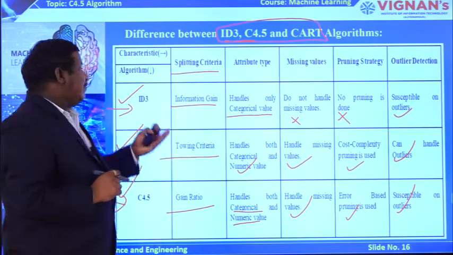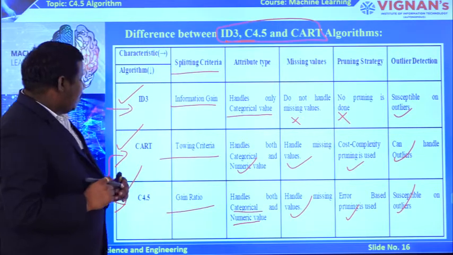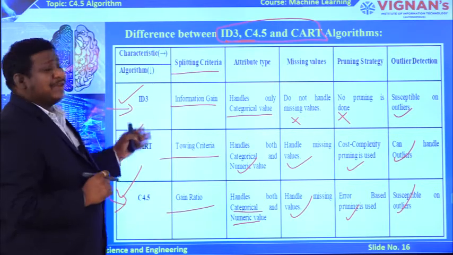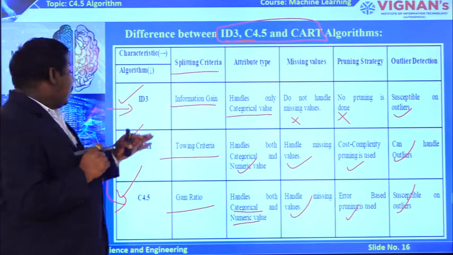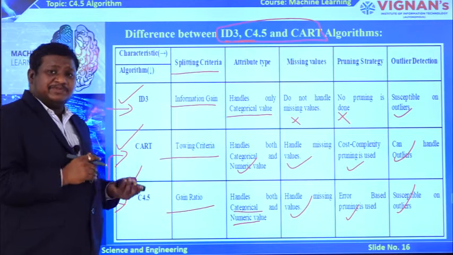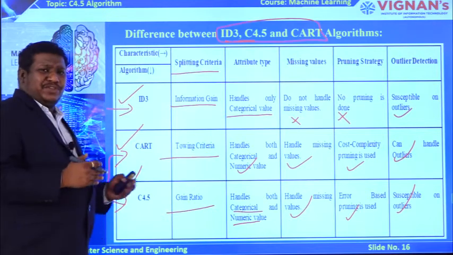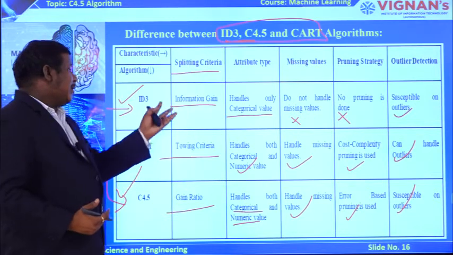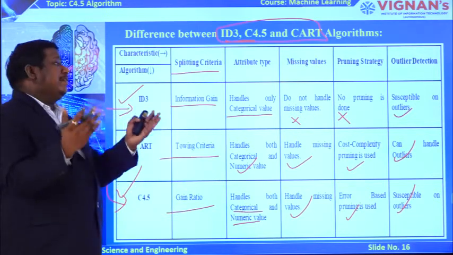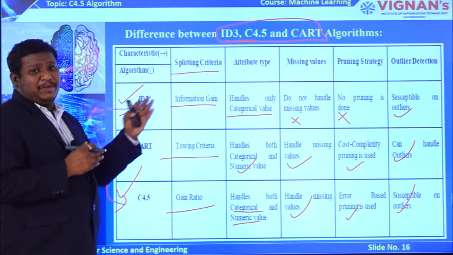That is the main difference between ID3, C4.5 and CART. From this you can say that ID3 is a basic decision tree algorithm compared to CART and C4.5. You can take CART and C4.5 as a little bit ahead, better algorithms than ID3 in terms of characteristics and performance measures.